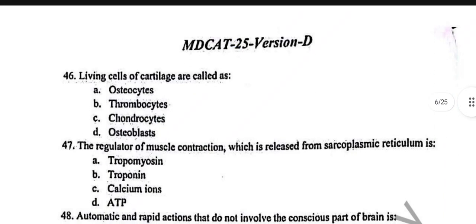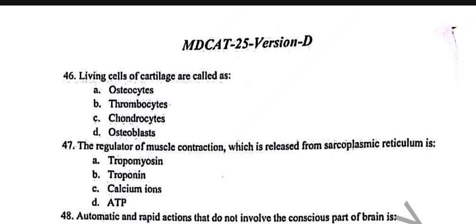Question number 46. Living cells of cartilage are called A. Osteocytes. B. Thrombocytes. C. Chondrocytes. D. Osteoblasts.